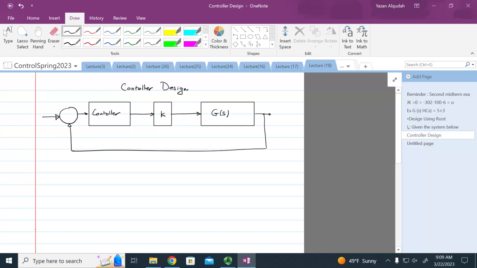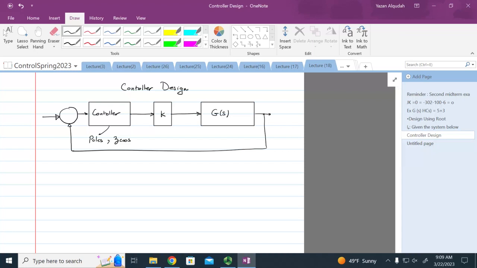What is this block going to do? This controller is going to be adding poles and zeros to the system. And by adding poles and zeros, we're changing the dynamics of the system, and we're changing how the root locus is going to look. Make sense, everybody?